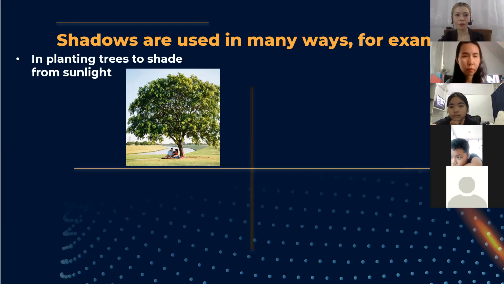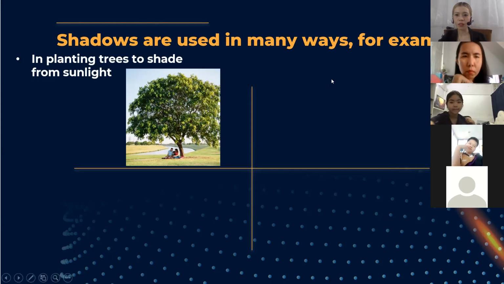In planting trees to shade from sunlight. Okay. First use is in planting trees to shade from sunlight. Isn't it that when we plant big trees, we make use of them as shade from the sunlight, right? That is the use of shadows.